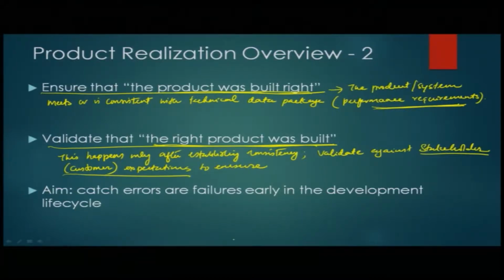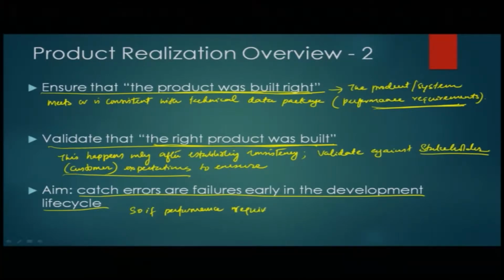Why do we do this? What is the main reason? The main reason is to catch errors and failures early in the development life cycle. So, if performance requirements are not met, then fix it during verification.